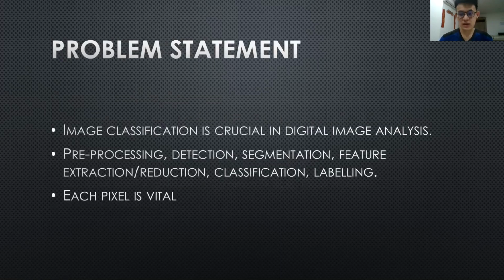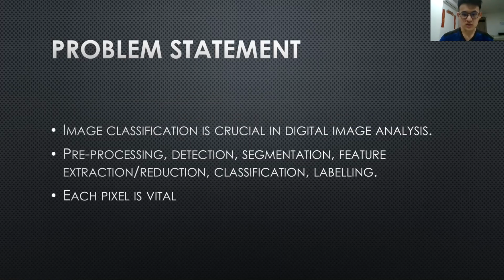The reason behind doing this image classifier is that image classification is a crucial part in digital image analysis, because each pixel has its own value and is vital in fields like medical procedures and navigation.